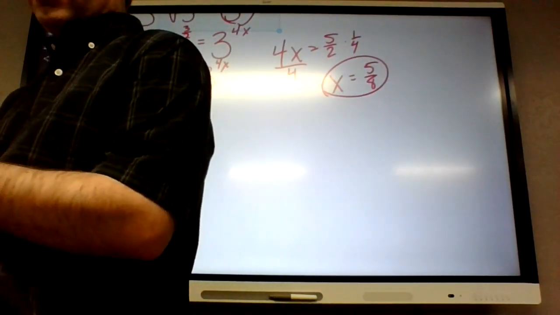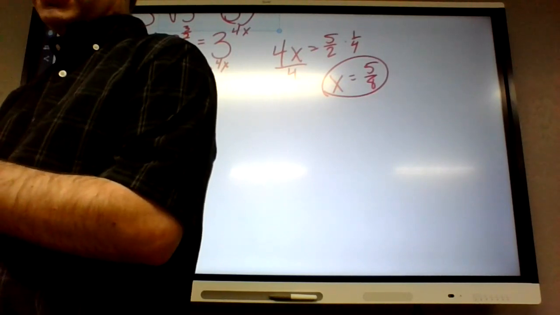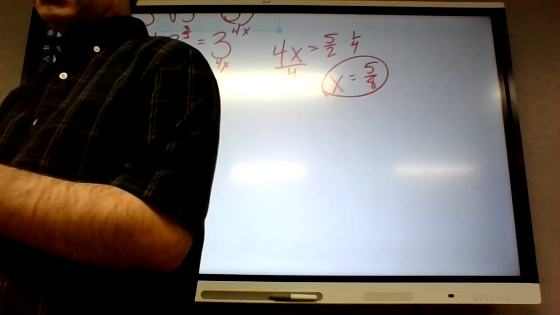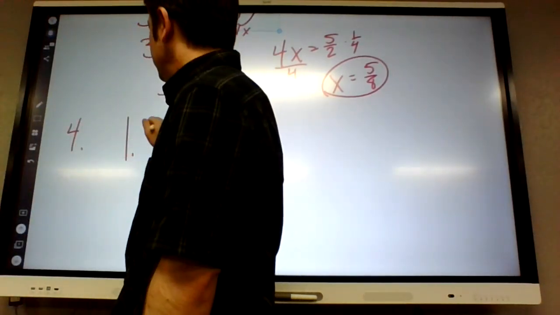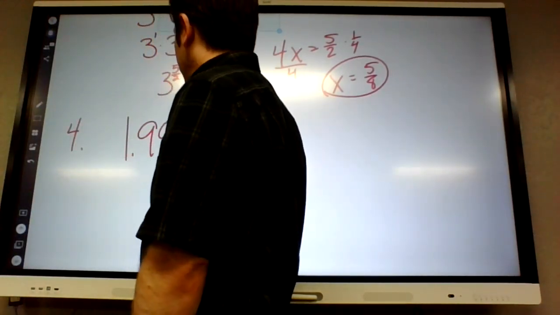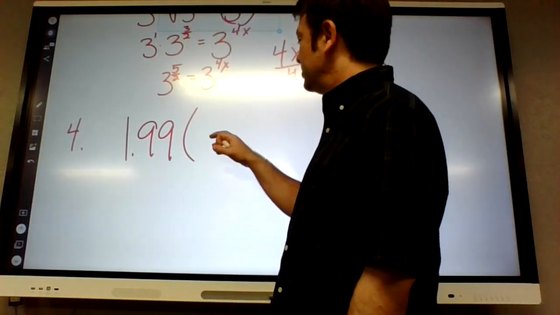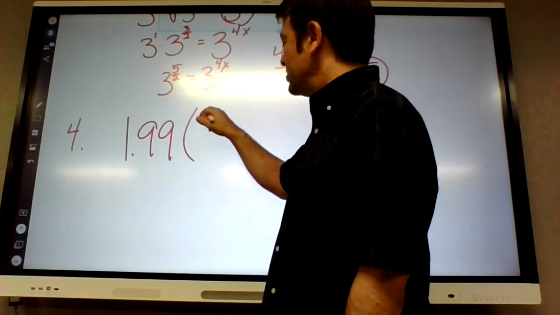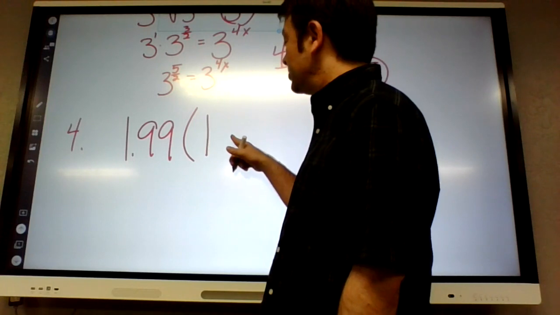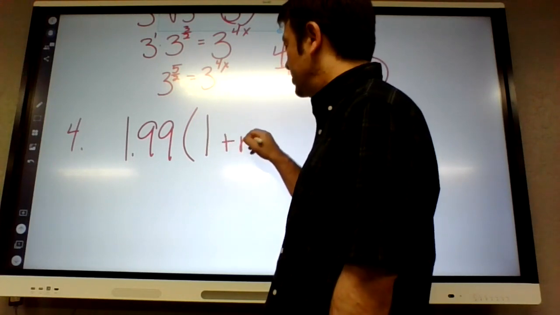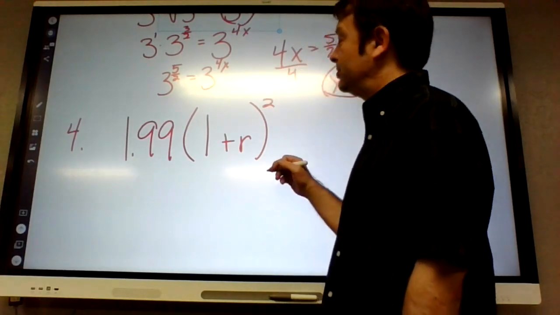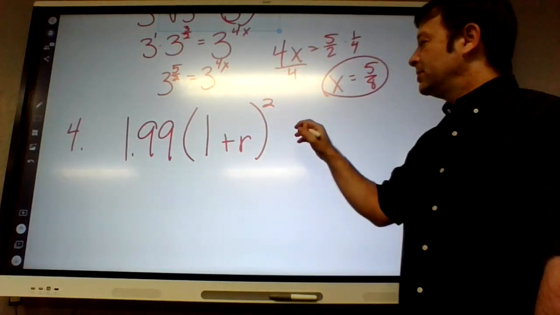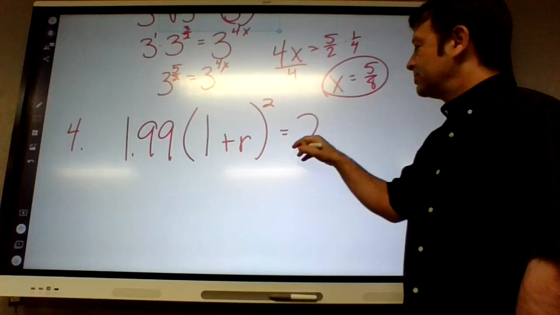What's the rate of increase? 1.99 times 1 plus r to the 2 equals 2.19. Yeah, it's the growth rate formula. So it's 1 plus what? R. R, we don't know that. To the 2, because it said 2 years pass. Then what? Equals 2.19.